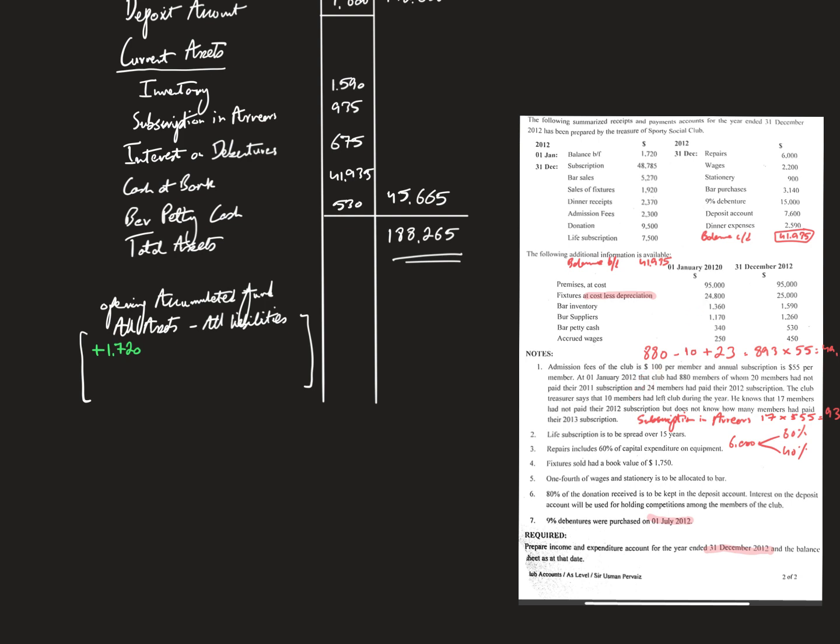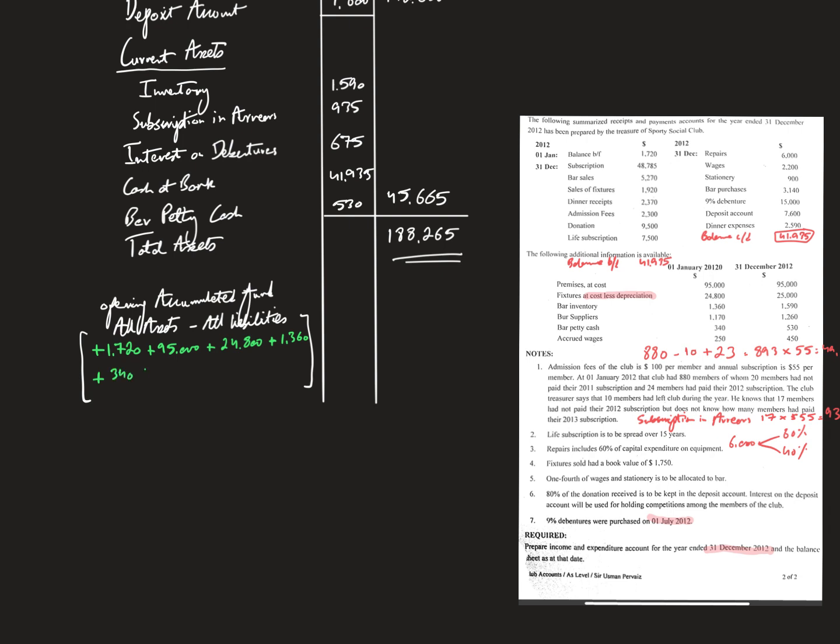बाकी information यहाँ पे दी हुई है opening और यहाँ भी है. Remember this. So premises opening are plus 95,000. And then fixtures 24,800. Then bar inventory. Then bar supplies है वो liability है, bar cash है which is 340.